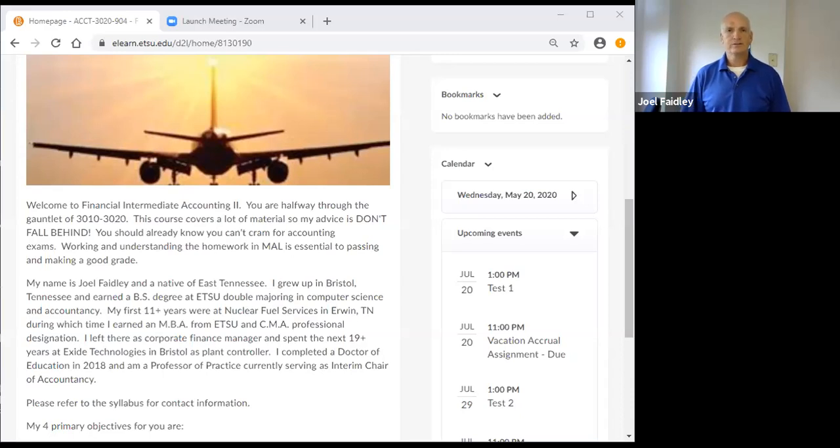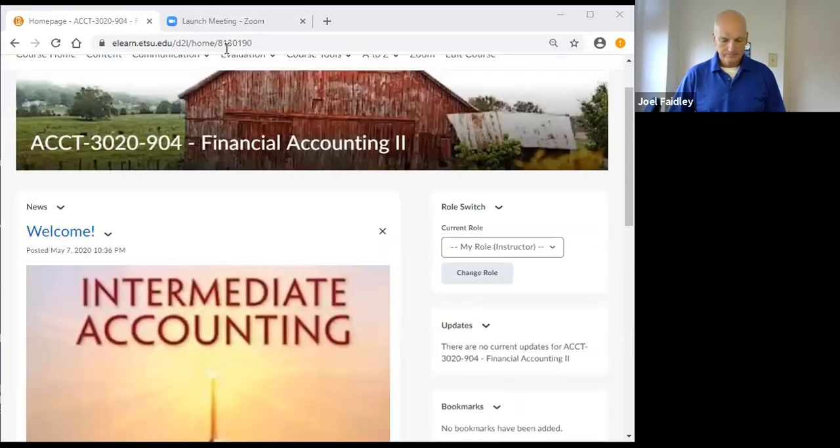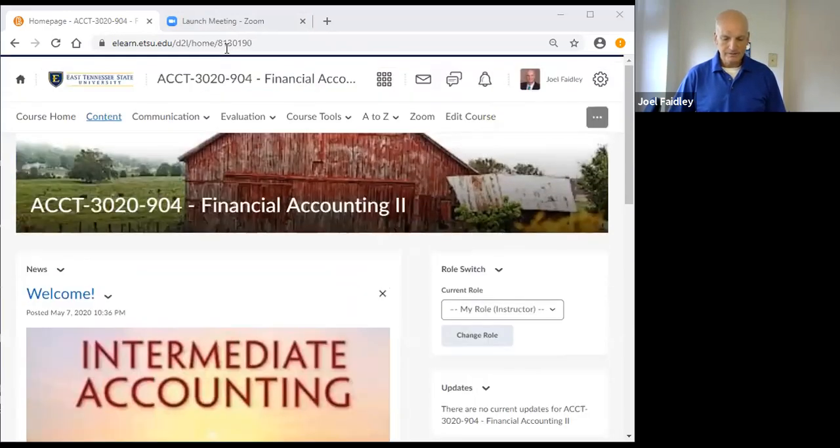And I always knew I wanted to teach, and so here I am. I earned my doctorate after I started here back in 2014. I earned my doctorate in 2018 and enjoy teaching, especially here at ETSU with my fellow, what you will be, future alumni. So let's look at the syllabus here under the content section of D2L.